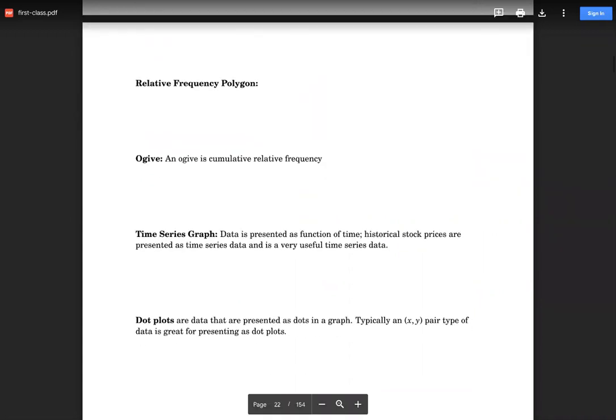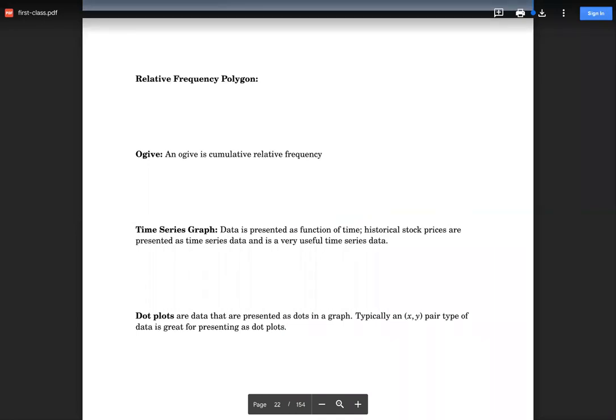Now, ogive is a cumulative relative frequency. What it is, this is slightly different. So let's use the same data set, 2, 4, 6, 8, 10. So now, this one is kind of interesting.